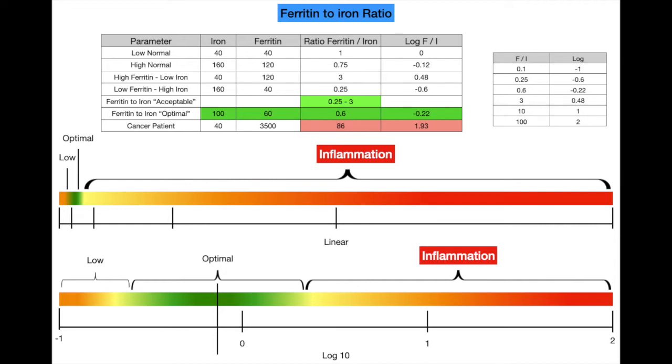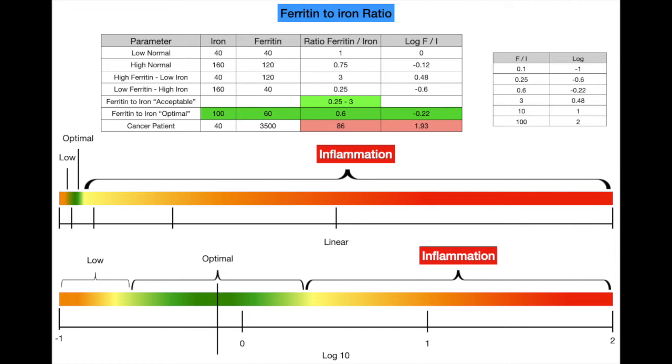On the high ferritin, low iron range, low iron would be 40 on the low end of normal, and ferritin of 120 on the high end. That gives you a ferritin to iron ratio of 3. And on the low ferritin, high iron side, you have 160 for iron and 40 for ferritin.